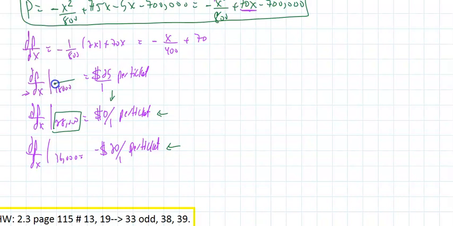So at 18,000, you're doing very well. You're making roughly $25 per ticket. For you to be able to sell 28,000 tickets, at that point, your profit is diminished because your price has to go down. Remember, you have a cost with this. And if you try to sell 36,000 tickets, at that moment, you are roughly losing $20 per ticket.